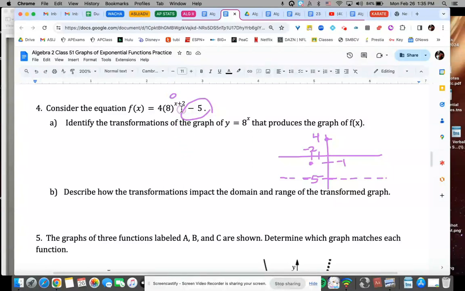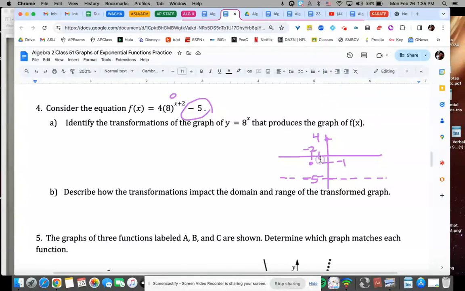I can tell already it's going to be a really big number. Why? Because 0 plus 2 is 2, 8 squared is 64, 64 times 4 is 256, and then minus 5 is 251. So my y-intercept is way up in the sky, way up at 251. That's just a huge exponential, really, really fast.